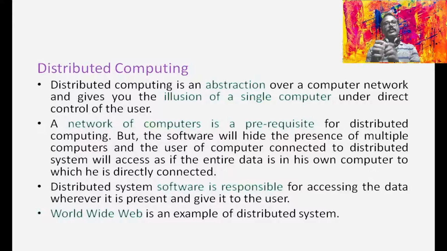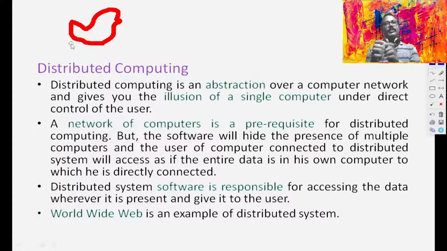Distributed computing. Distributed computing is an abstraction. Suppose this is a network. Network is usually represented in the form of a cloud.